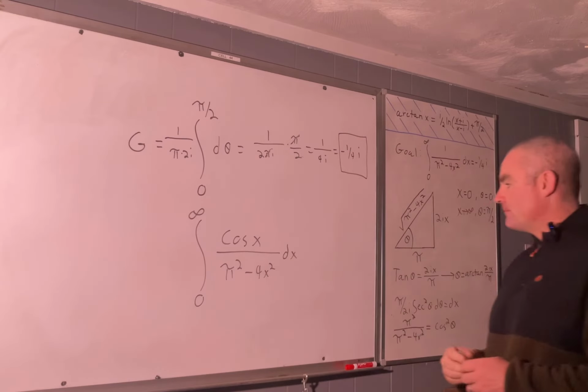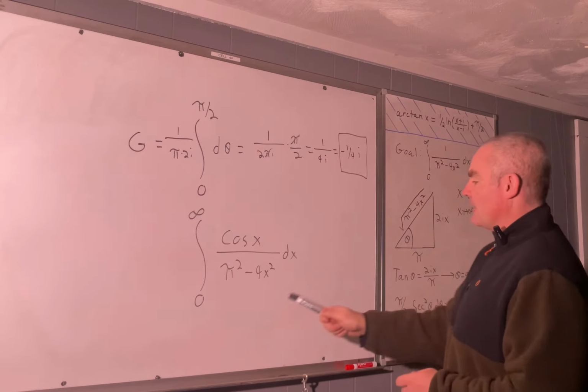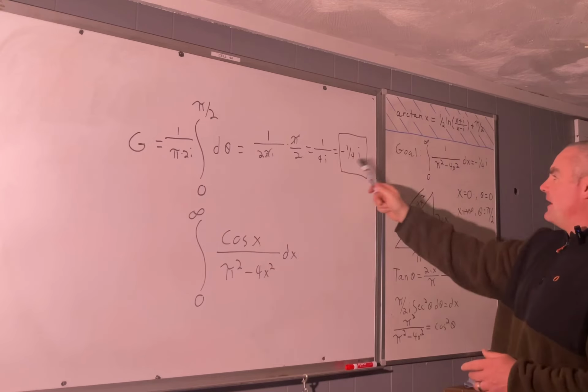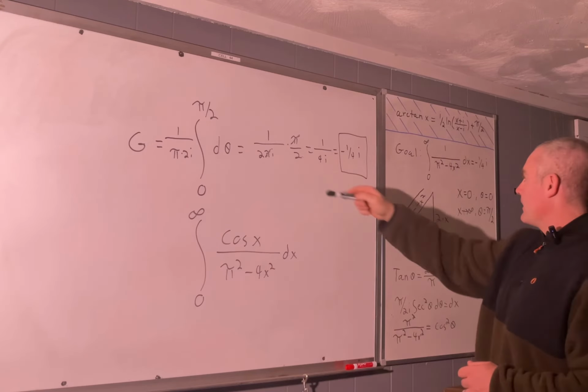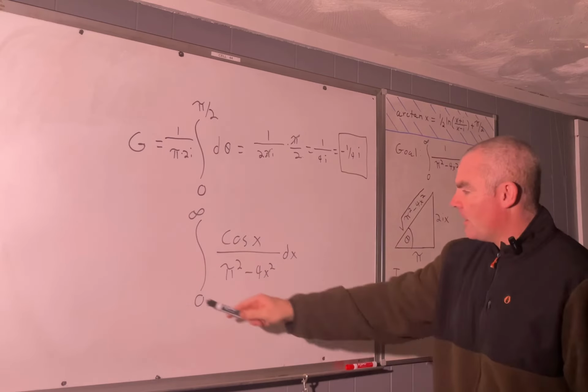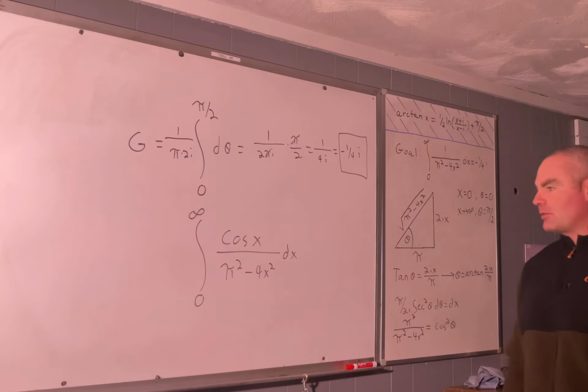So, yeah, in the third video, we're going to use Feynman integration to solve this using this result right here. We'll use this to apply Feynman integration to this integral and get kind of a surprising result.